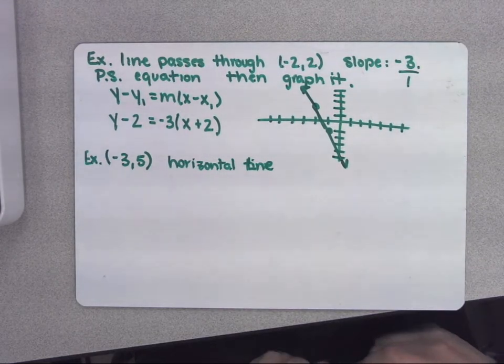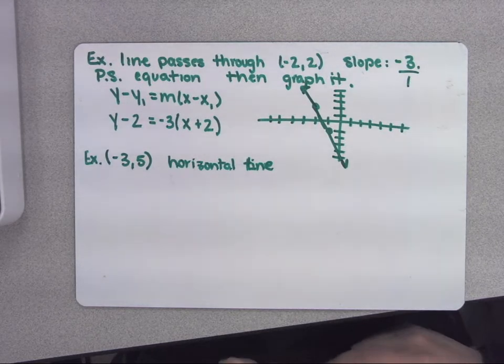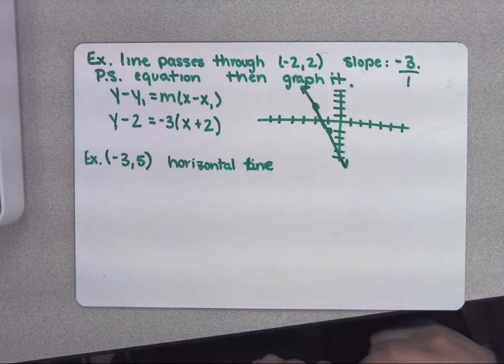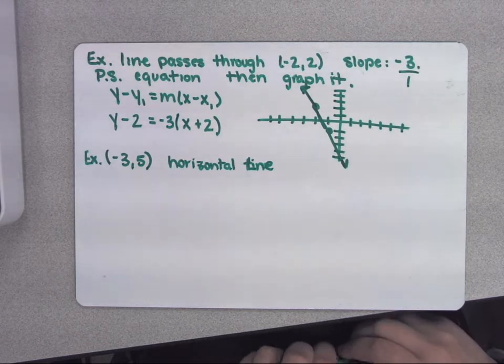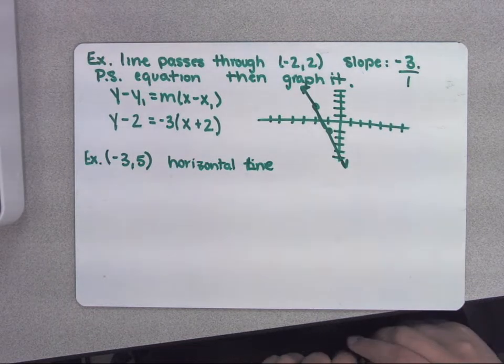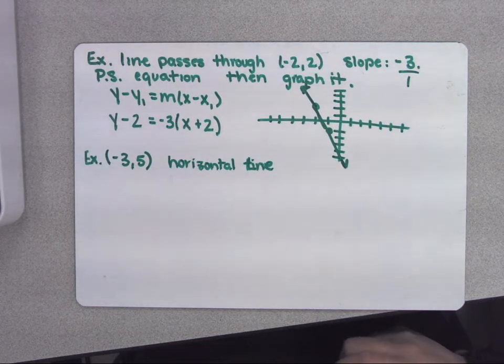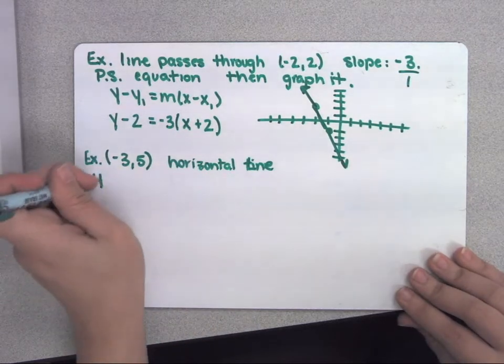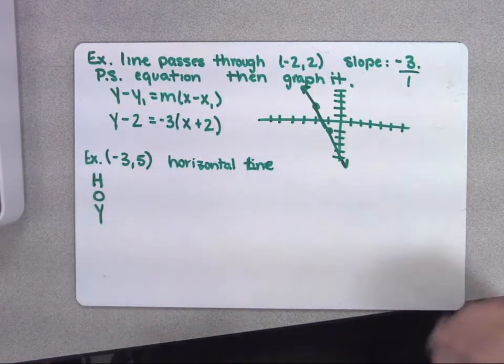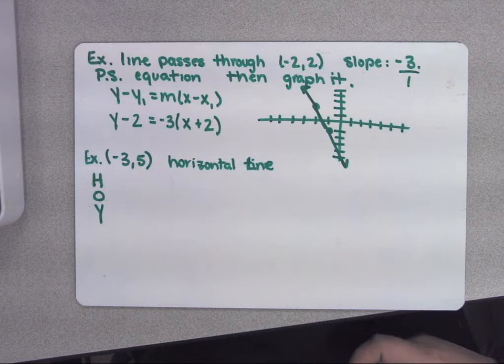Because we have a special saying to help us remember our slopes. Yeah? So horizontal line makes you think of what word? To help you think of HOY. Horizontal lines have what kind of slope?